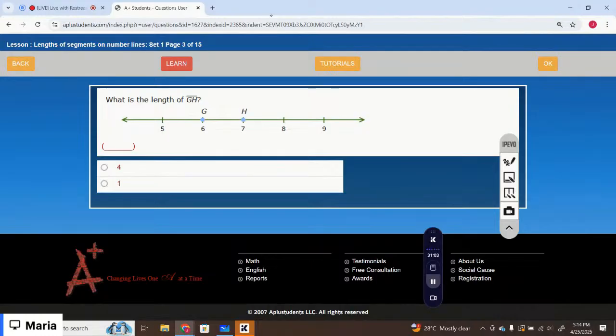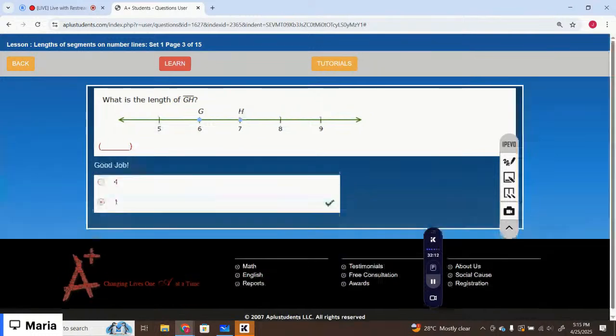What is the length of GH? That is 1. Option number 2 is the correct option.